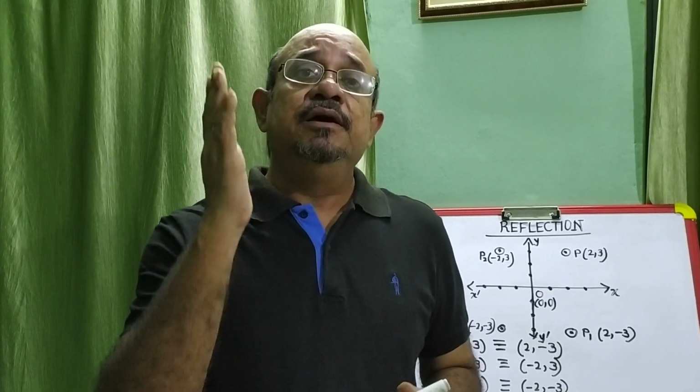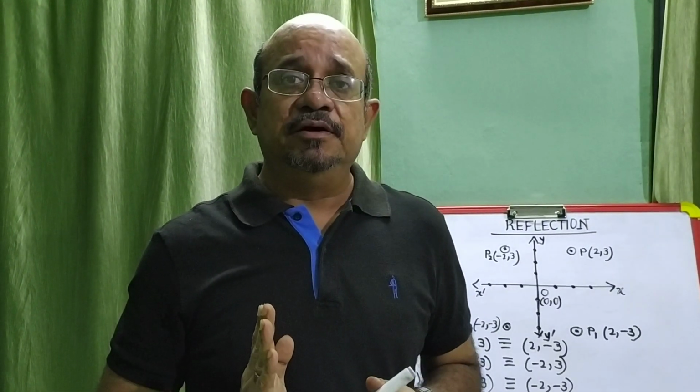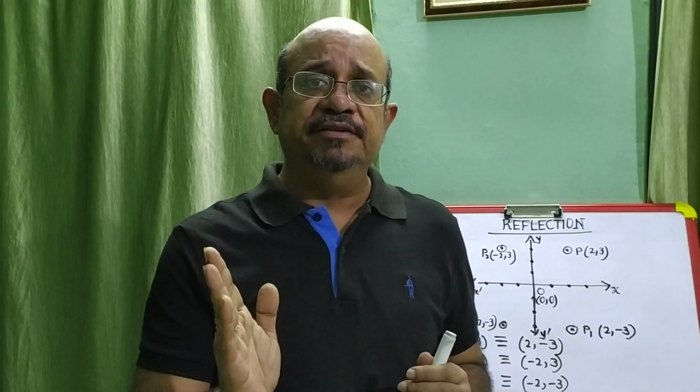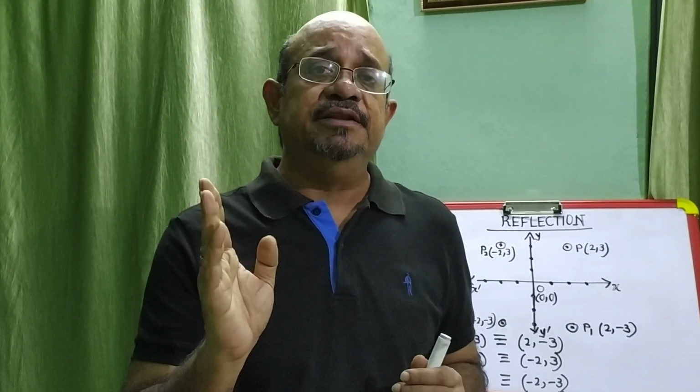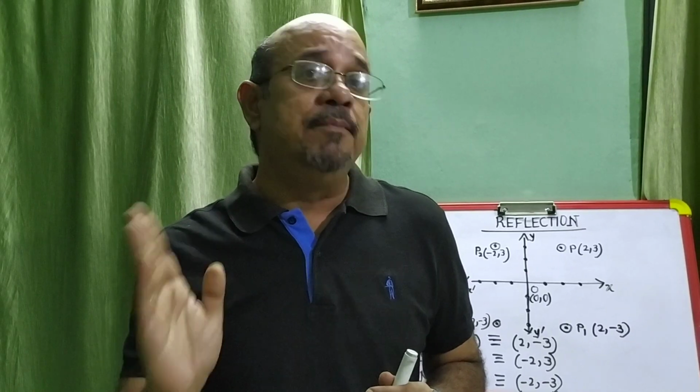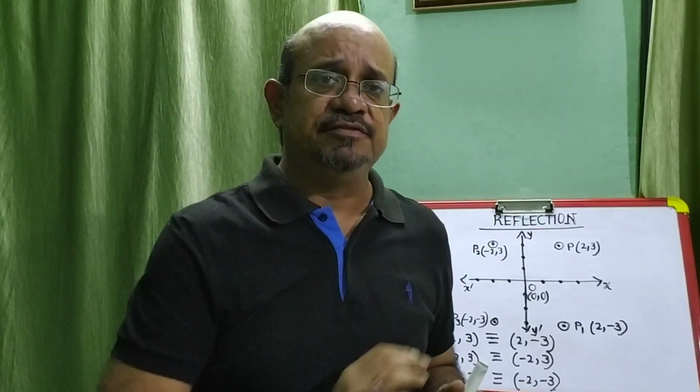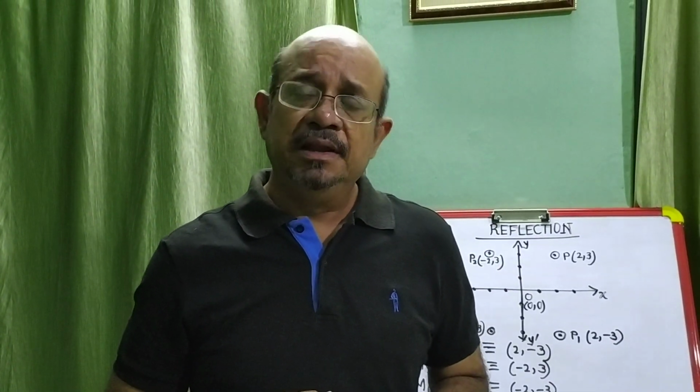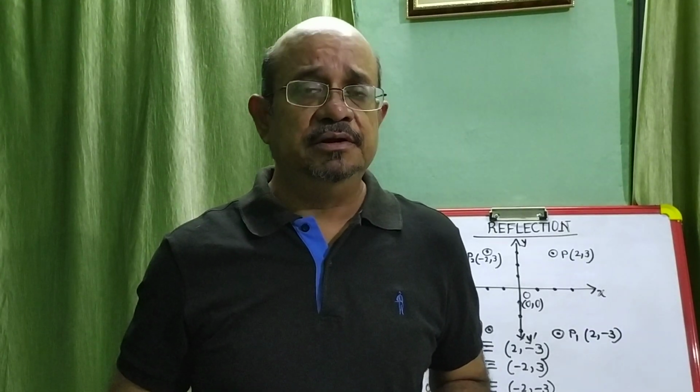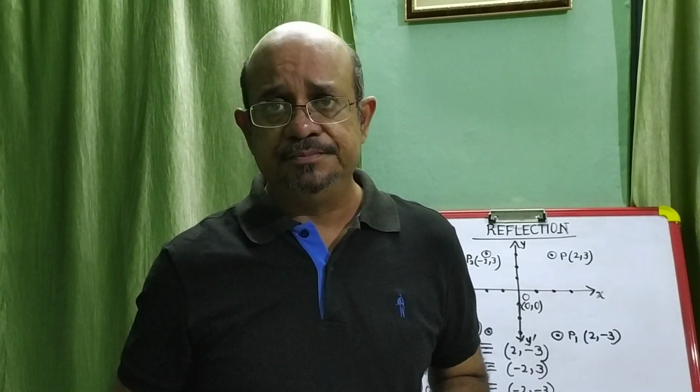These mirrors, that is the lines or the points, will reflect those points or rather transform the points into different parts of the plane. Let us take some examples to learn the concept of reflection.